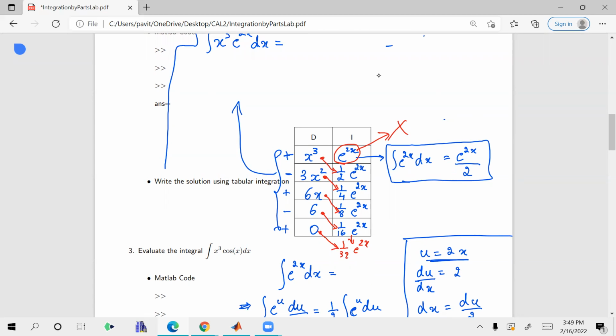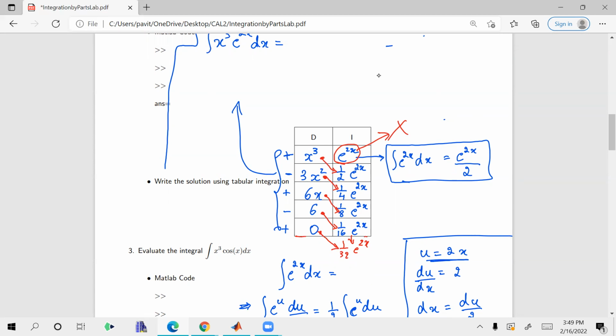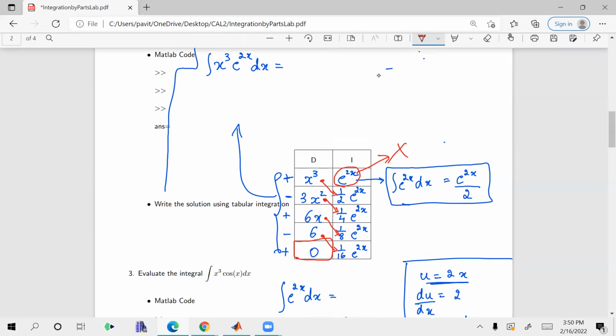I have stopped here not because the table is ending, but because I got 0. That's where you're going to stop too. So for this problem, we are going to eliminate the last portion here and the first one. Okay, let's see how to write this as a solution.